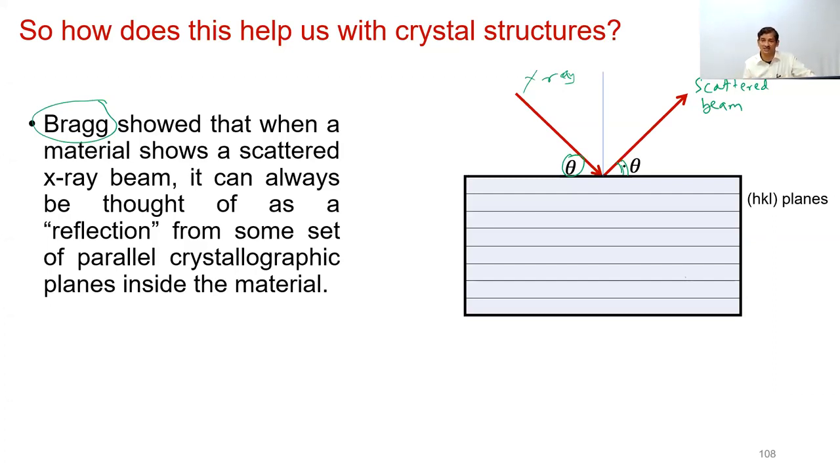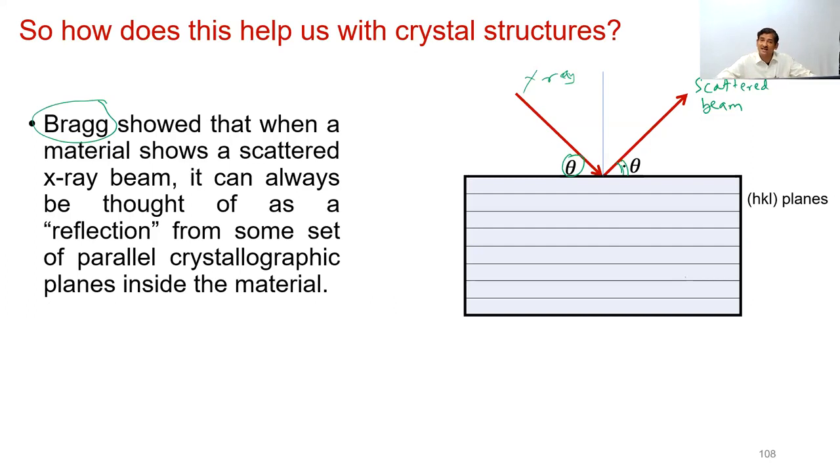They essentially showed that whenever we have X-ray scattering, we can always find a set of crystallographic planes in the material such that the scattering can be thought of in a manner similar to optical reflection from regular surfaces. By that we mean there is an incoming X-ray beam at a certain angle theta, and a scattered X-ray beam which also makes the same angle theta with some set of HKL planes inside the material.